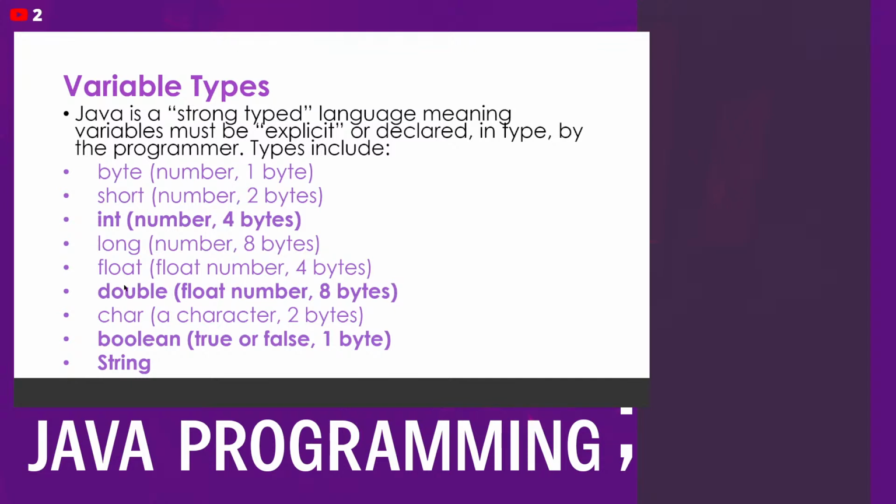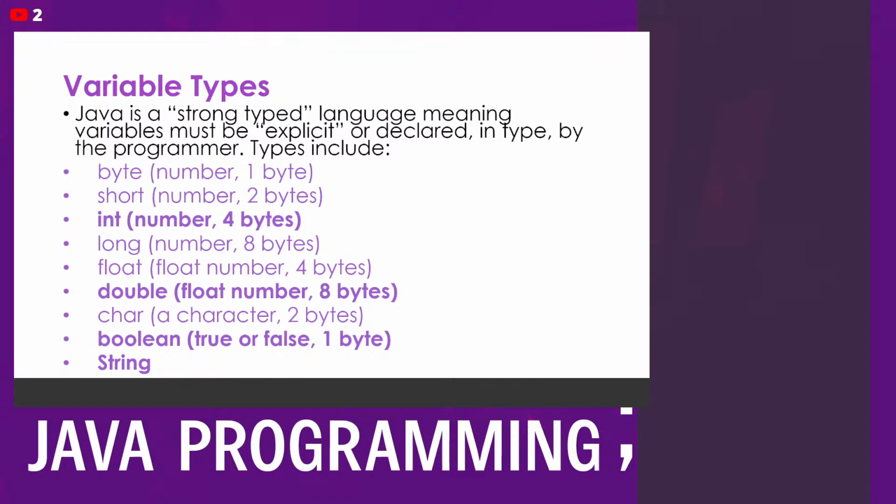Double is a floating point number or a decimal number, right? We use double instead of float for precision's sake, because a double will go further past the decimal. Boolean being a true or false. We'll talk more about boolean a little later in the course.